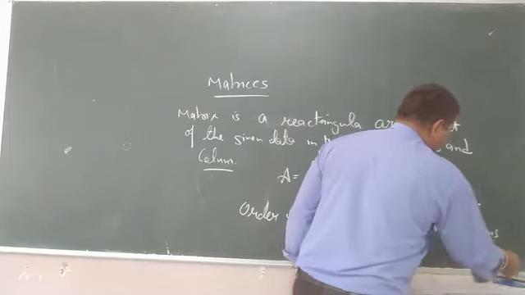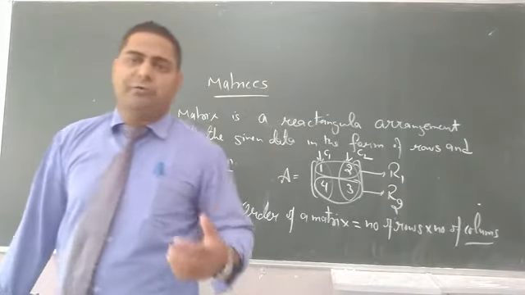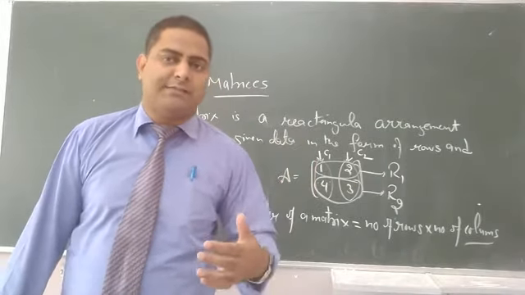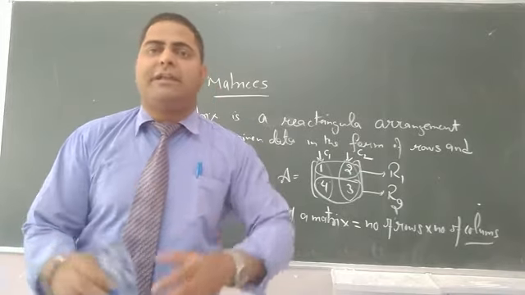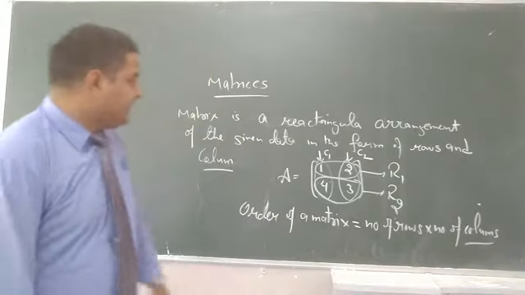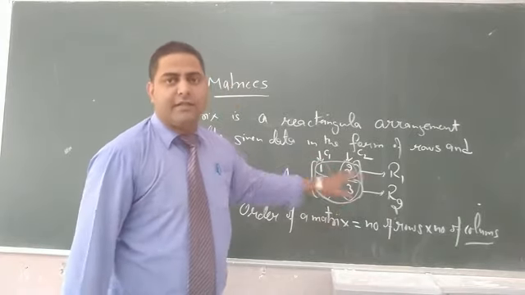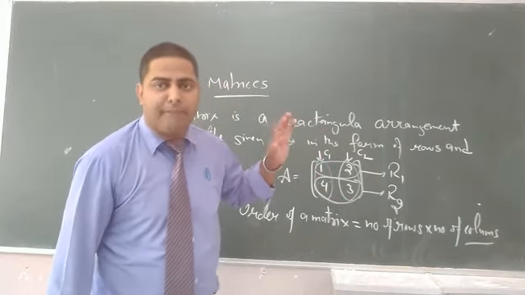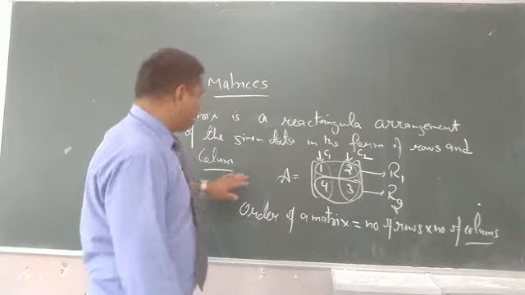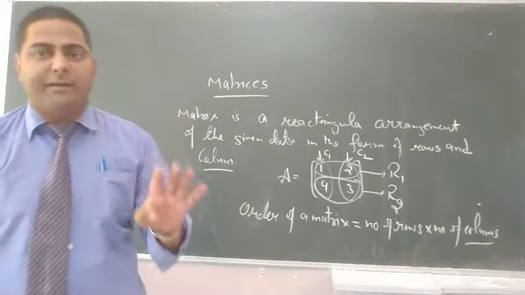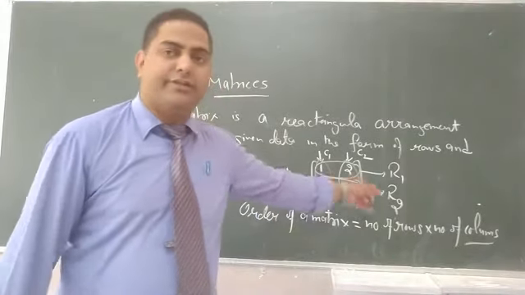Always keep in mind, when we write the order of a matrix, we have to write the number of rows first, into number of columns. Do not multiply them. And the numbers which are written inside the matrix are called members of a matrix. This matrix A has 4 members: 1, 2, 4, 3.